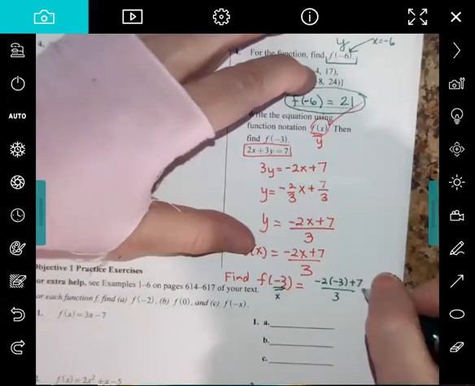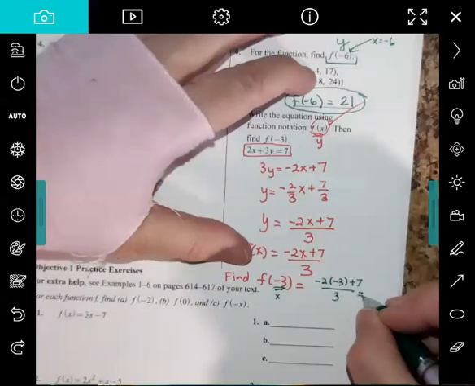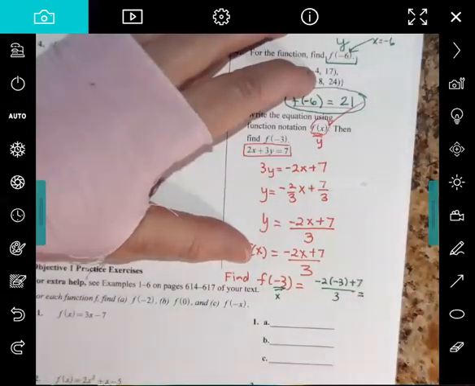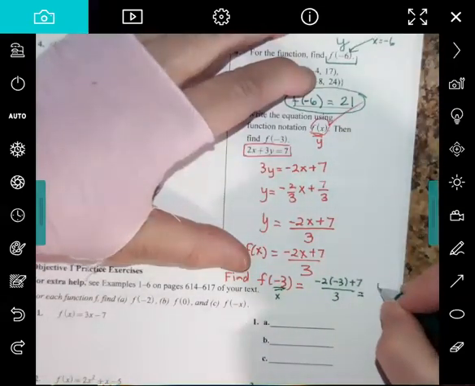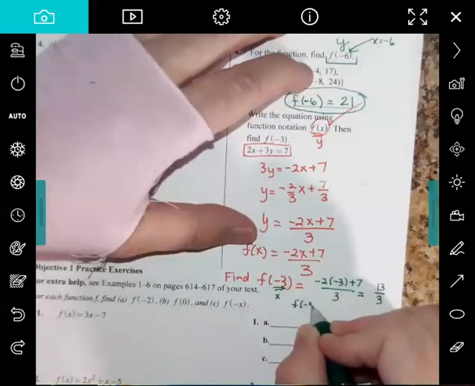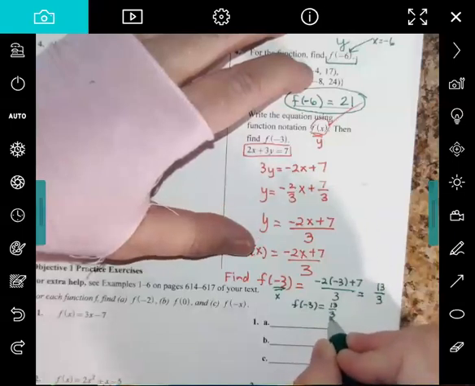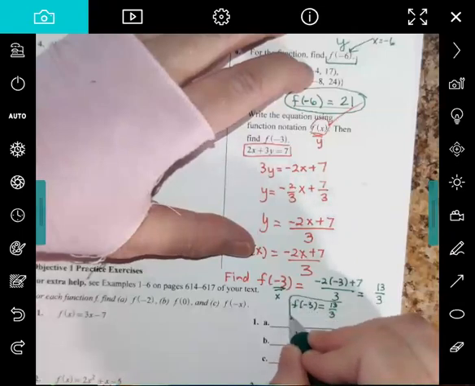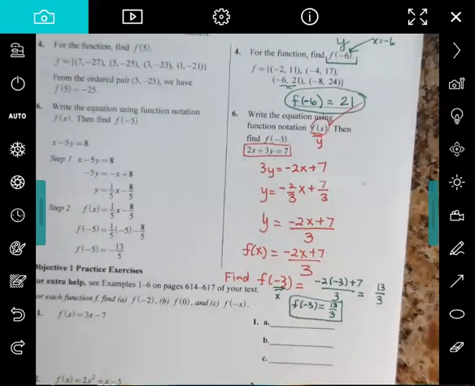So it's negative 6 plus 7 is negative 1, no, positive 1/3. Something looks weird. Positive 6 and 7 is 13. Ah, that's right, 13/3. So f of negative 3 is 13/3. Not the most satisfying answer we've had today.